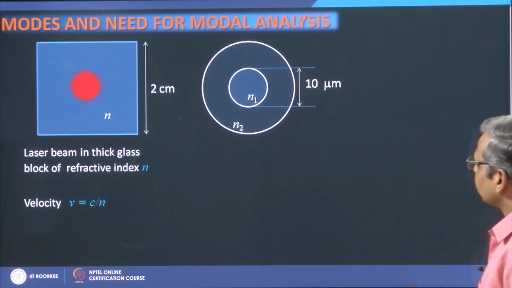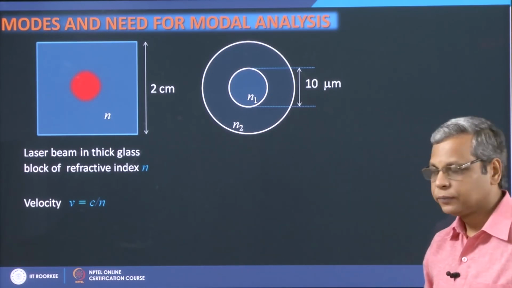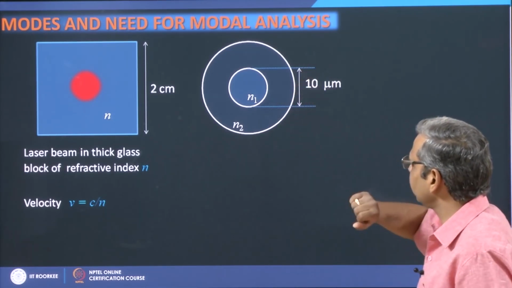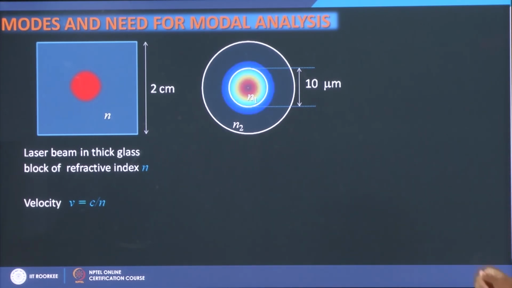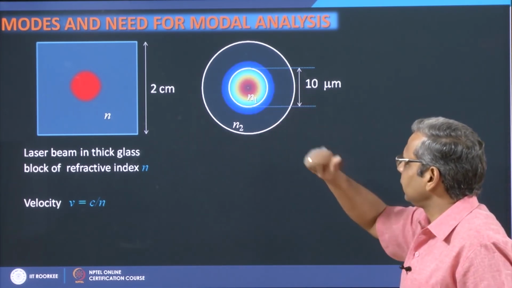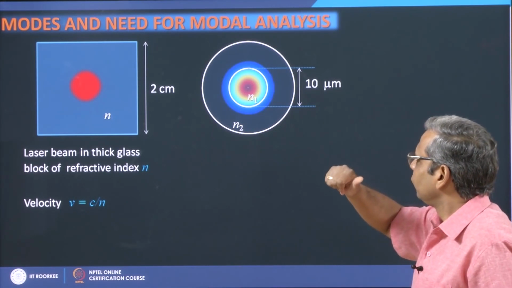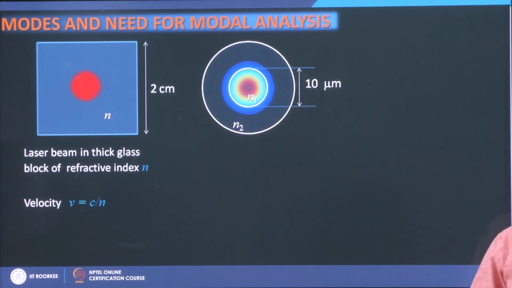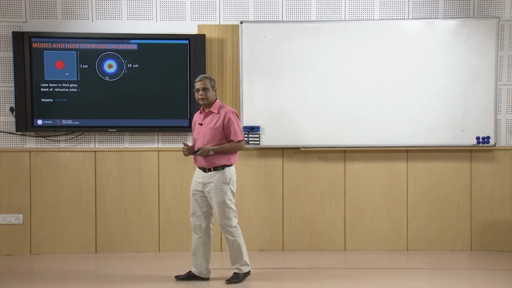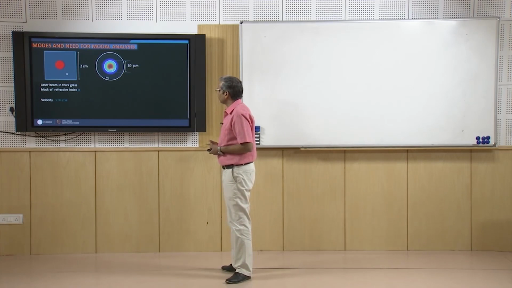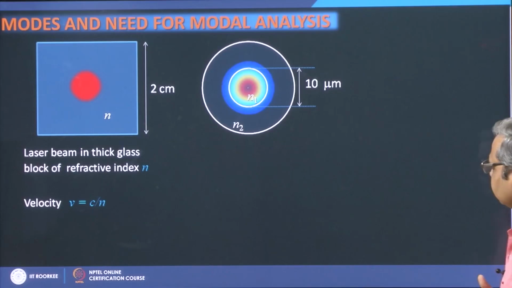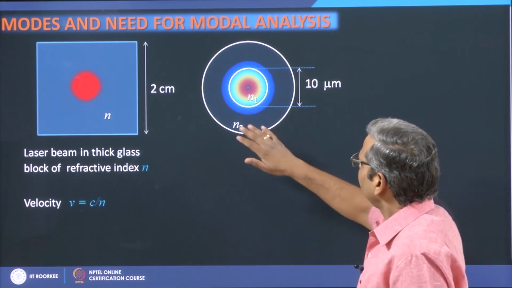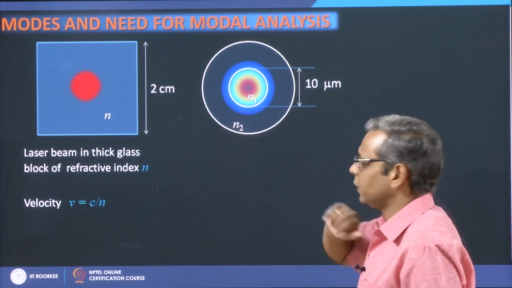This is the transverse cross section of a fiber where the core is 10 micron across and then you have a cladding, and this is one intensity pattern which I launch into this fiber and which is the mode. So it sustains its shape as it propagates. What do I see here? That a certain part of the intensity extends into the cladding.